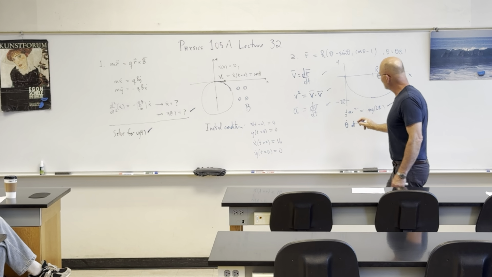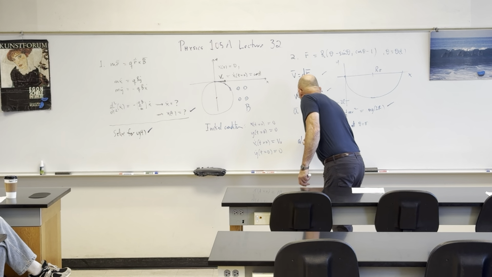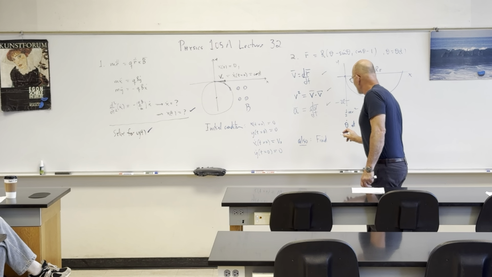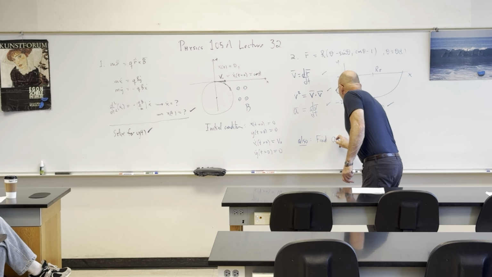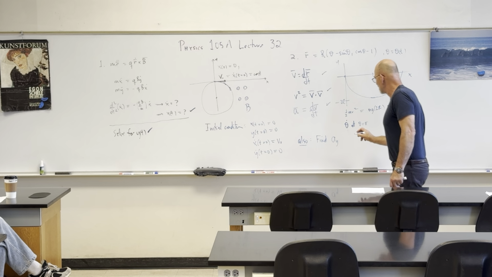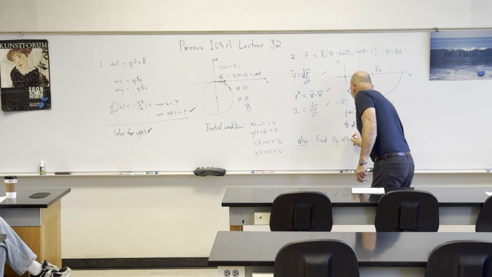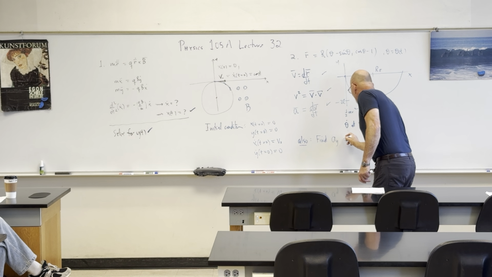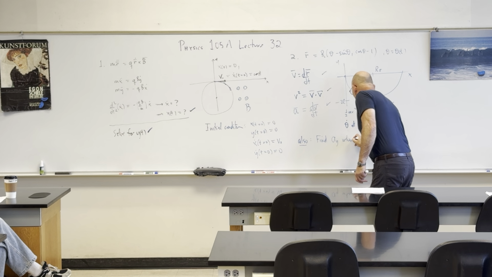What we want to do is find, so I'll write here also, find a sub y at the bottom here. So find a sub y at theta equal to pi.